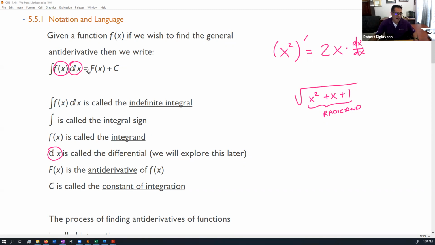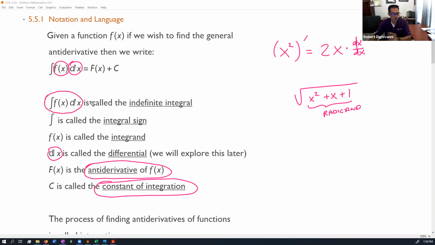Now, the answer to this is the capital F of x, which is the antiderivative of the little f. And then the c, we call this the constant of integration. This whole thing together is called an indefinite integral. Later on, there are things called definite integrals.